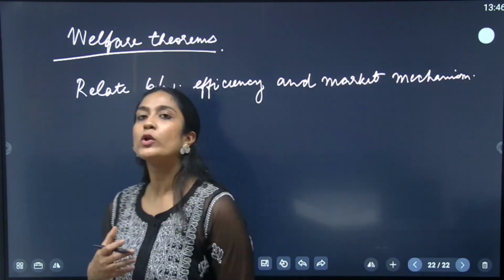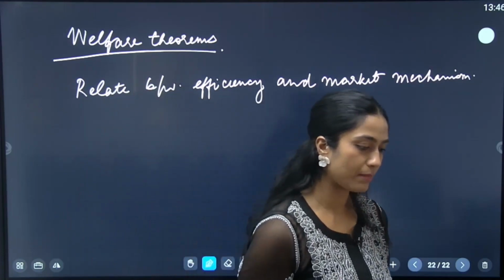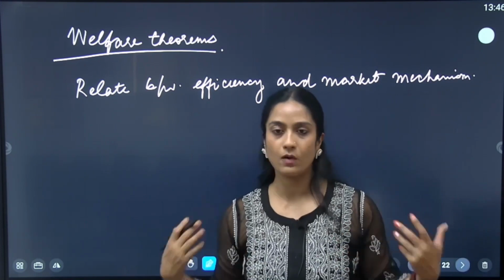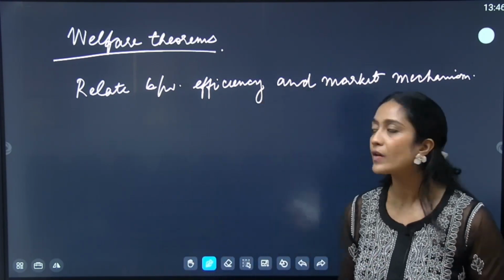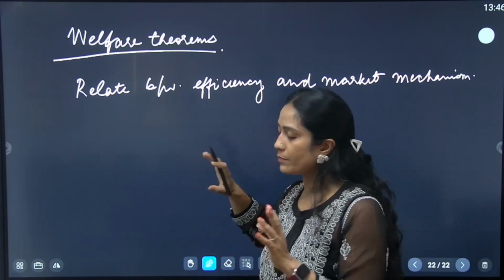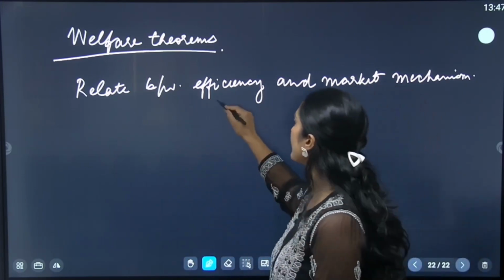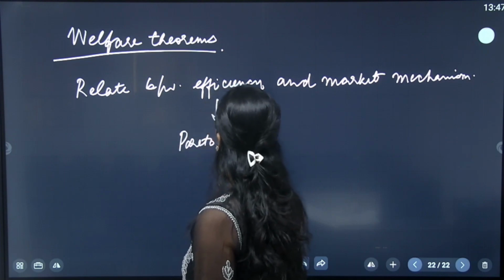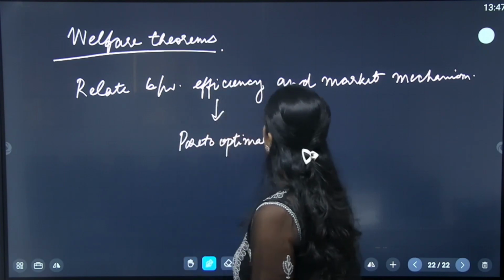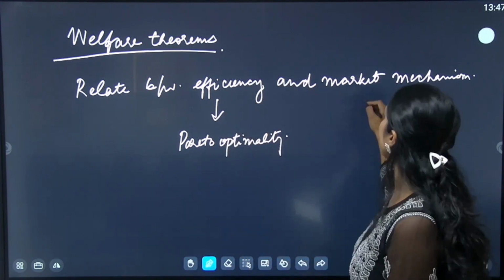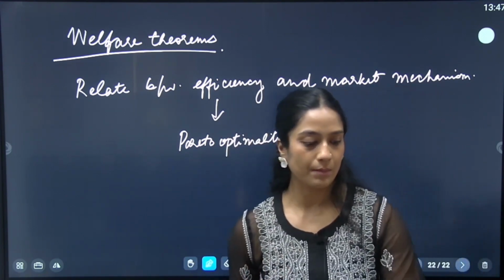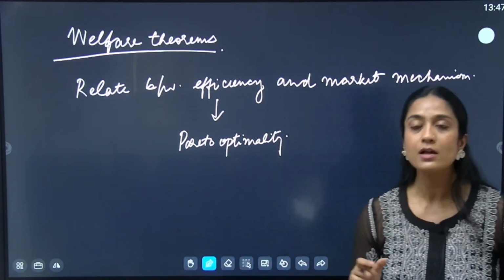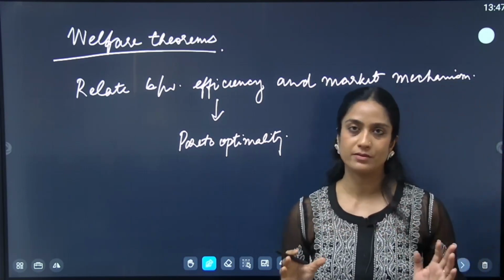All right. When we talk of market mechanism, we are essentially talking about the prices, how the value of things in the economy is determined by prices. So what is the relationship between efficiency, in this case using the concept of Pareto optimality, and the market mechanism, and the allocation of goods using the market mechanism, which is correction or movement in prices, right?